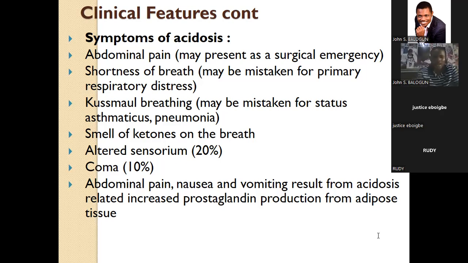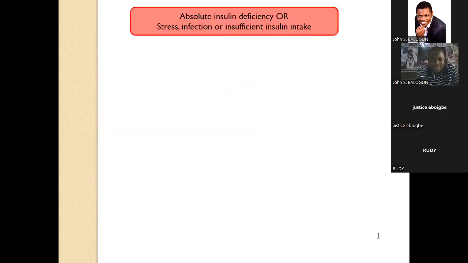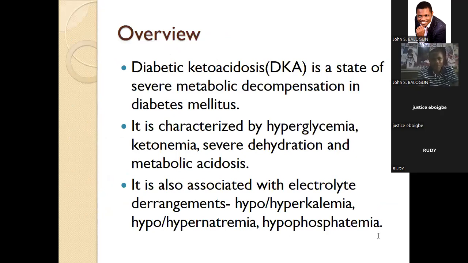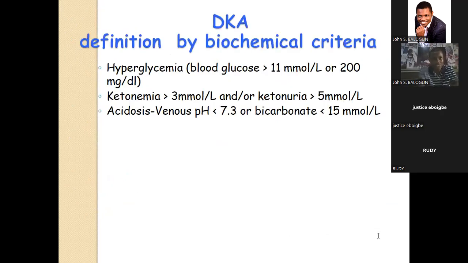Okay, let me see whether there's a slide where I define that. Okay, so it's there. Let me just give you that definition so that you get it once and for all. Hyperglycemia is blood glucose greater than 11 millimole per liter or 200 milligram per dL. Is that taken? Now look at the definition of ketonemia.